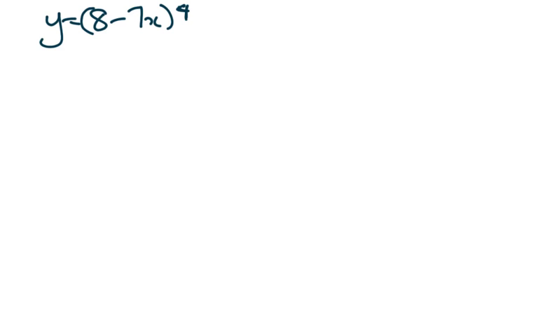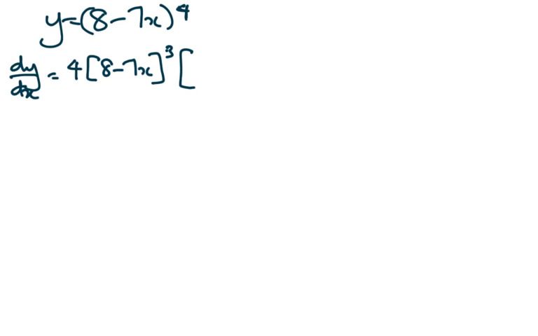First thing is I'll differentiate dy over dx, which will give me 4 bracket 8 minus 7x, and then 4 minus 1, which is 3, and then you differentiate what's inside. You differentiate 8 minus 7x in terms of x.